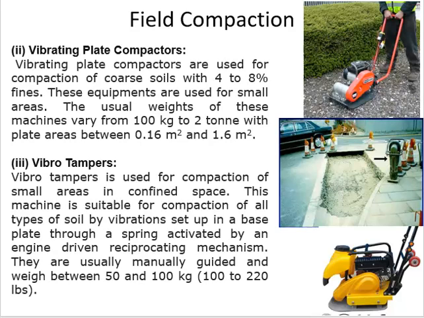The vibro dampers are suitable for all types of soil and to compact smaller areas. They are light in weight compared to vibrating plate compactors and are easy to operate. The weight of this equipment varies from 50 to 100 kg.